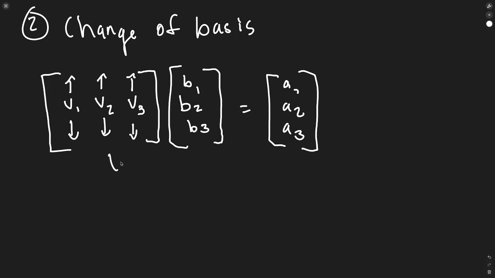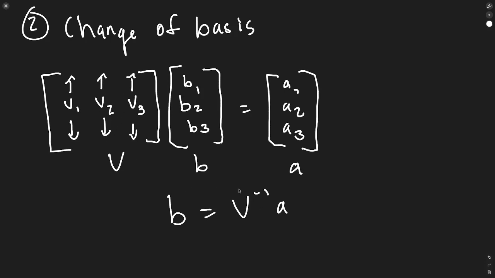So if we call this V, and this B, and this A, to compute B, all you need to do is take V inverse times A, right? And so now you have B. And this is fine. You can totally do this, assuming it's not singular.